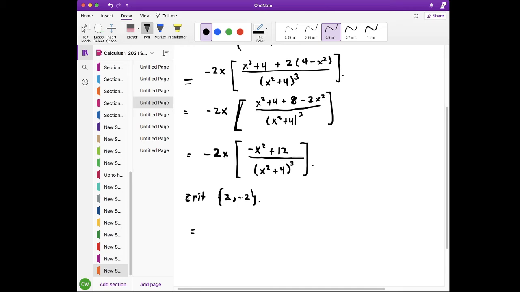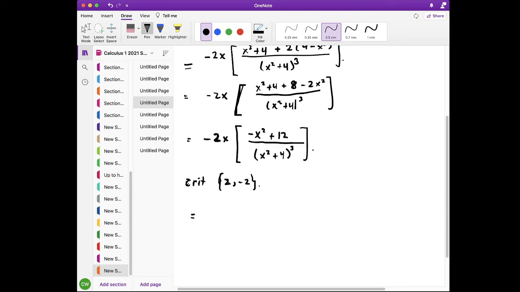I mean the negative 2x part. Now it's kind of obviously negative. And then when you plug in 2, this is positive. So the second derivative is negative at 2. That means it's concave down, which is a max.